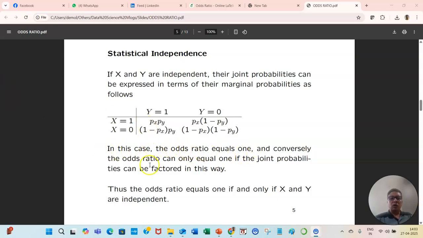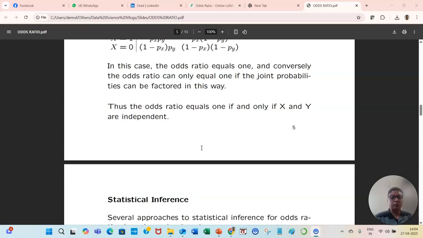And conversely, the odds ratio can only equal 1 if the joint probabilities can be factored in that way, that is, probability of x equal to i, y equal to j equals probability of x equal to i times probability of y equal to j. That's the definition of independence, and only in case of independence the odds ratio is 1. Thus the odds ratio equals 1 if and only if x and y are independent. So that comes from the concept of statistical independence.